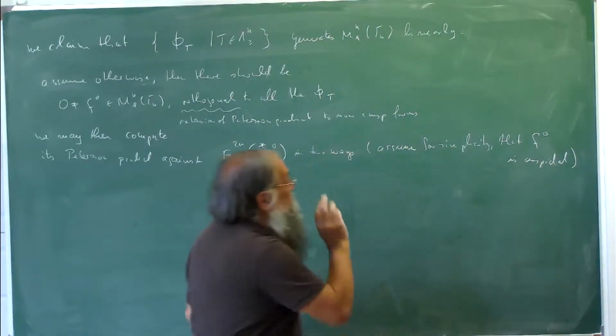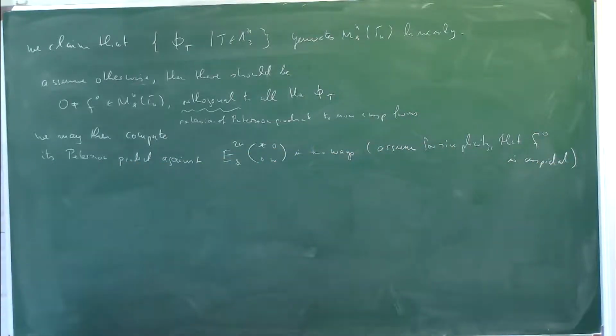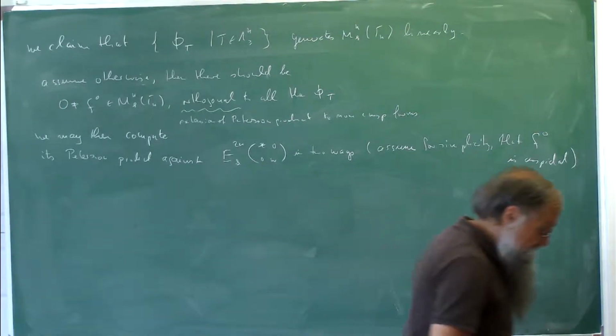Well, you may assume that f0 is cuspidal for simplicity, otherwise one has to use such an extension of the Petersson product.